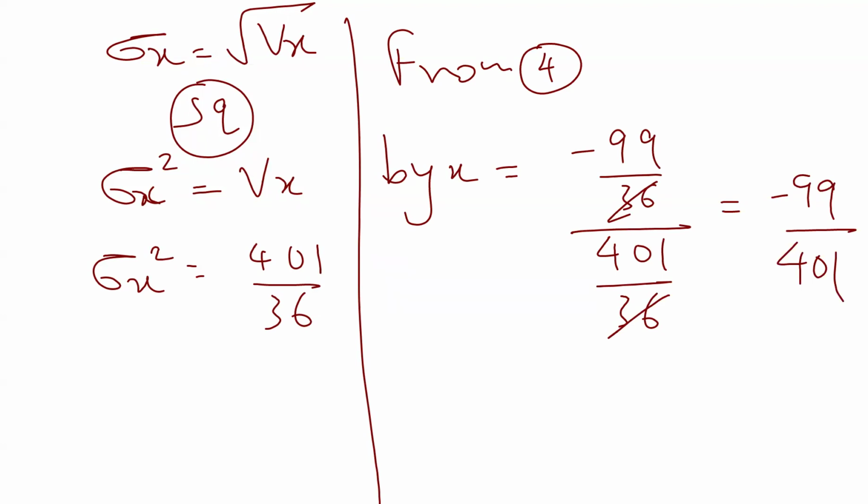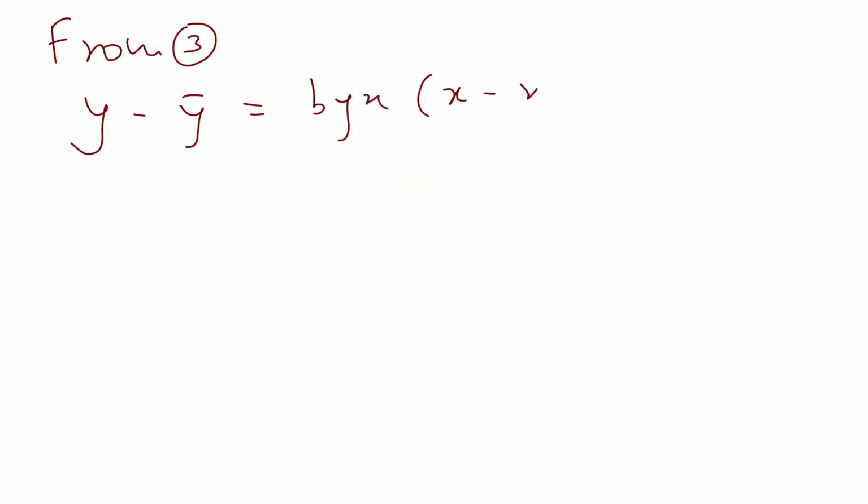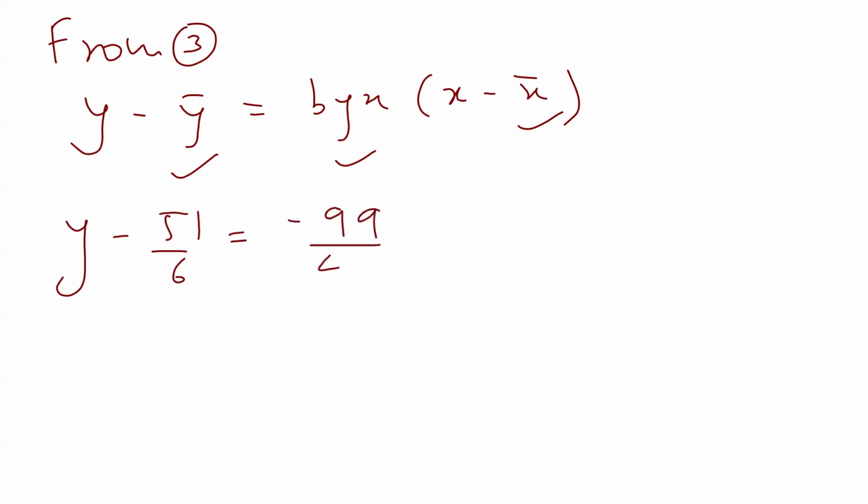Let's go back to equation number 3 so that we get the line y on x. From 3, line y on x is y minus y bar equals Byx times (x minus x bar). We do have the value of x bar, y bar and Byx. So y minus y bar value is 51 upon 6, Byx is minus 99 upon 401, and x minus x bar value is 53 upon 6.